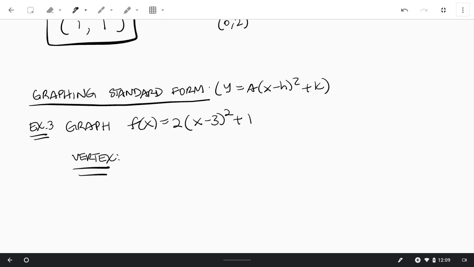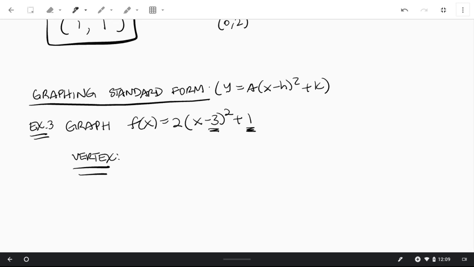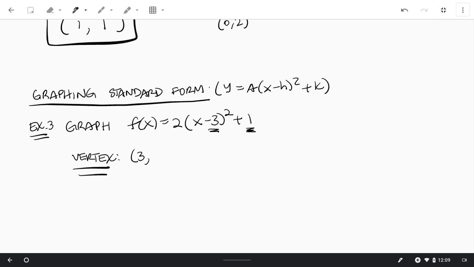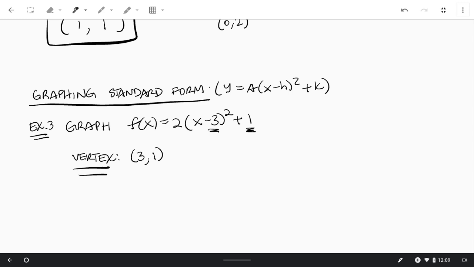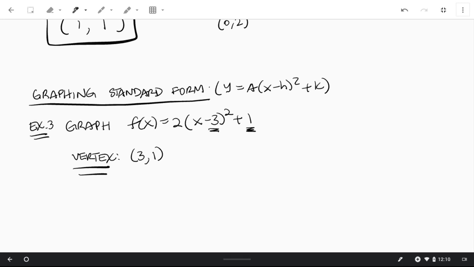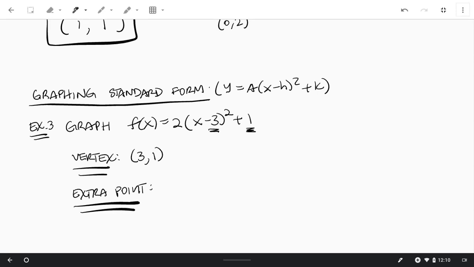Here we said the vertex is at (h, k). So here we are going to have positive 3 and positive 1 for the vertex. And I need one extra point. In the last form, I liked using 0.